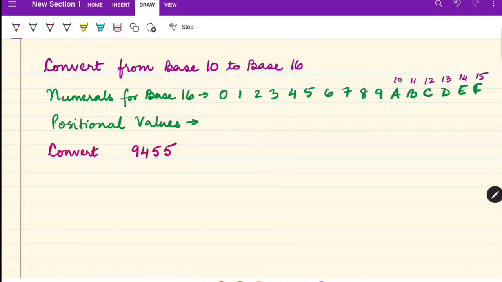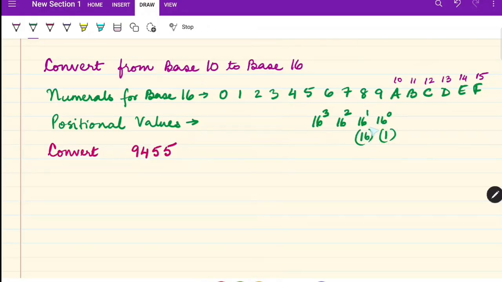All right? Next, I'm going to list all the positional values. Well, not all, but as many as we will need to convert this number here that I have, 9,455. So positional values from the right to the left would be 16 to the power 0, and I'm putting now the calculated value from the exponents.